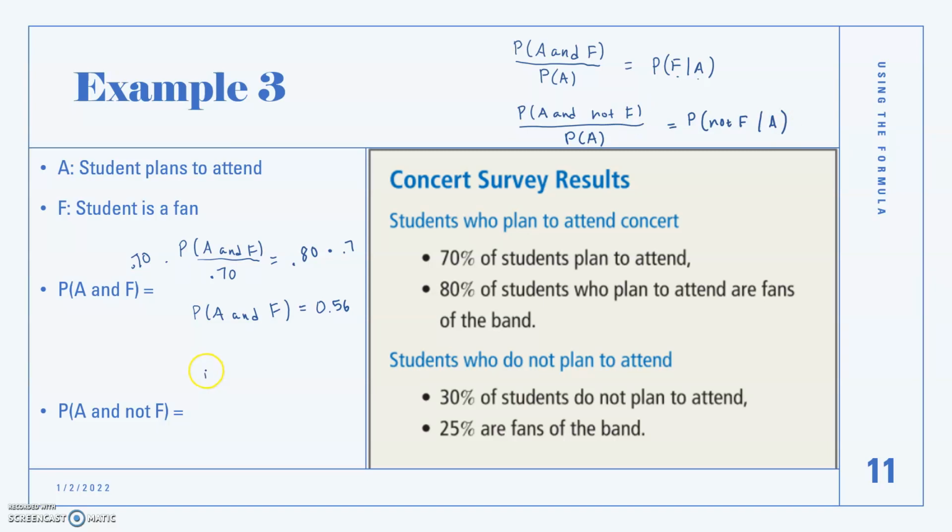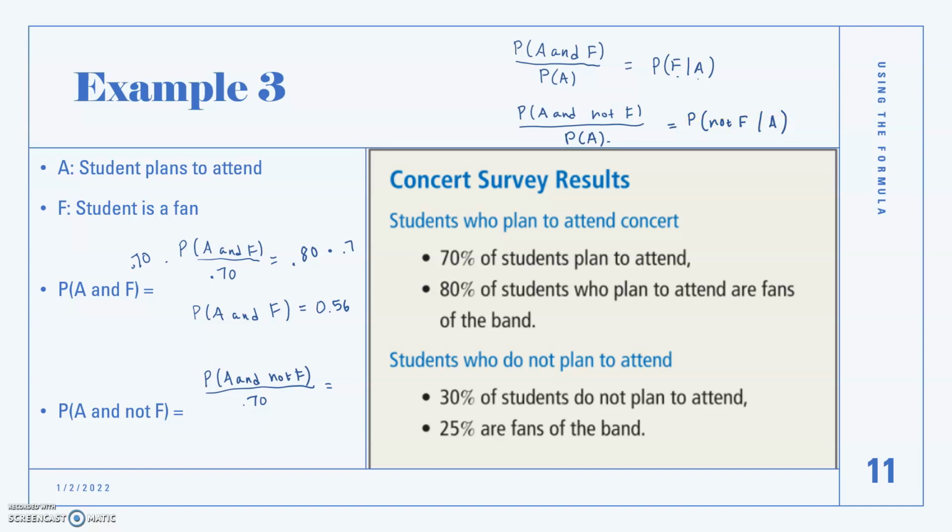So that's what we want to find out: the probability of A and not F, divided by the probability of A, 70%, and then the probability that they're not a fan, but they're attending the concert.